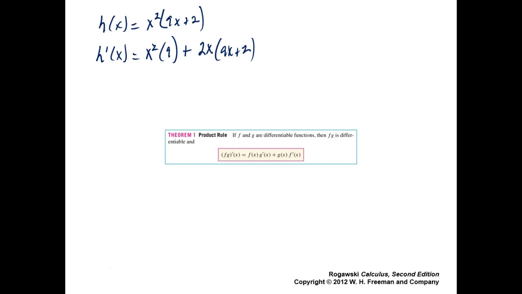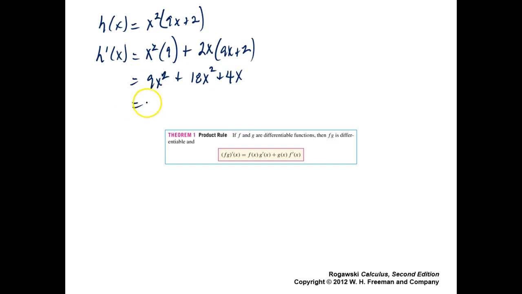Right? That's the product rule. Okay? Now, because those are polynomials, let's clean them up a little bit. What would this be? 9x squared, right? Plus 18x squared plus 4x.